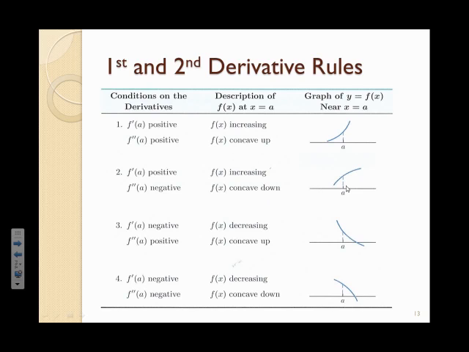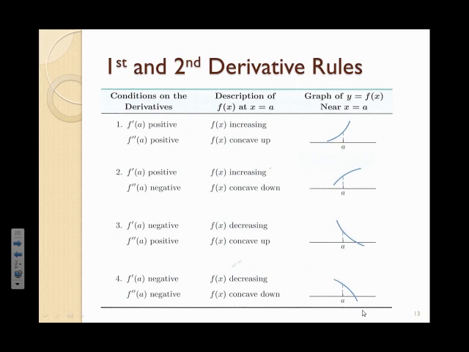In the cases where the first derivative is negative, we know the function will be decreasing. It's going down in both of these functions. For point number 3 here, the second derivative is positive, which means it's concave up, so we get this kind of shape. In this case, the second derivative is negative, so it's concave down, and we get this shape.